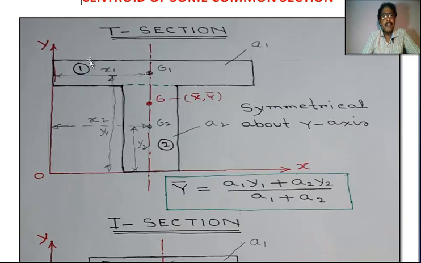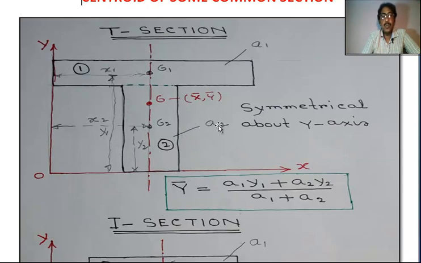This area A1 is marked as number 1. G1 is the CG. From the y-axis, the distance is x1. From the x-axis, the distance is y1. This is area 2.